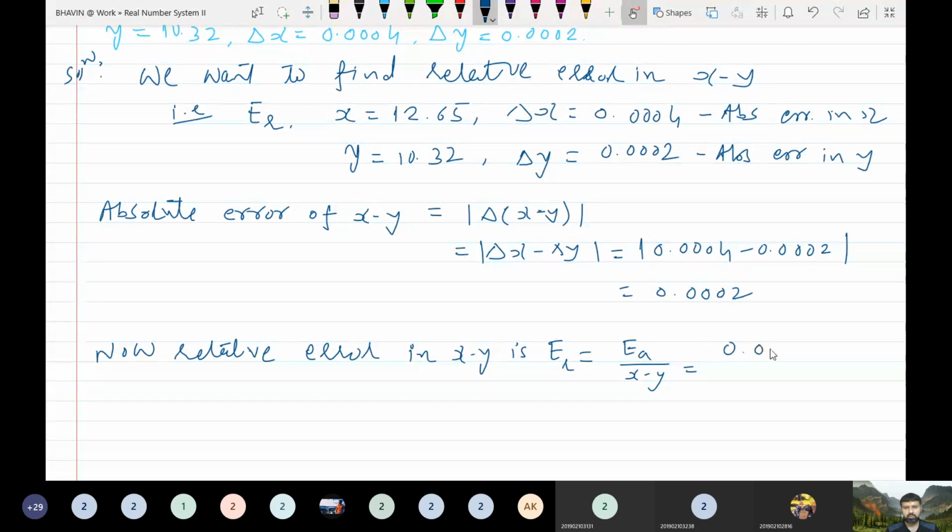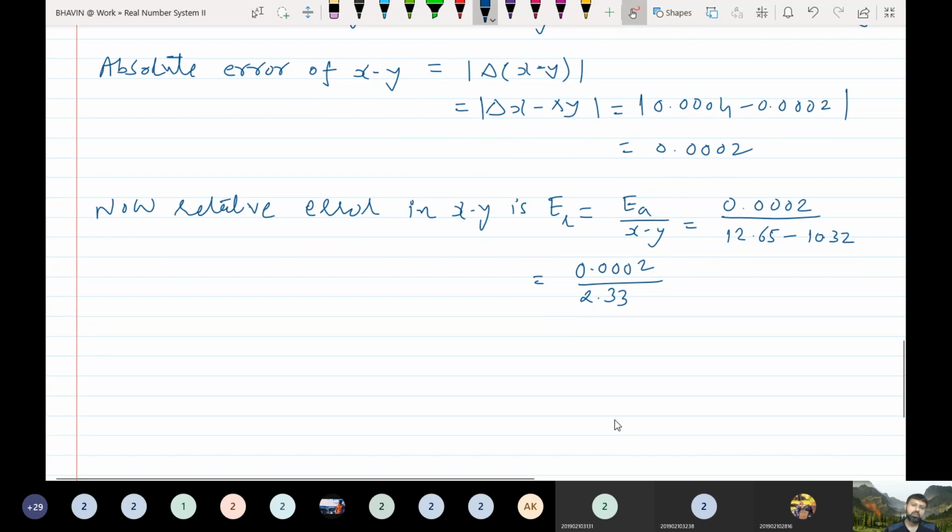So put this value here, x is 12.65 and y is 10.32. So this is equal to 0.0002 upon 12.65 minus 10.32, that is 2.33.